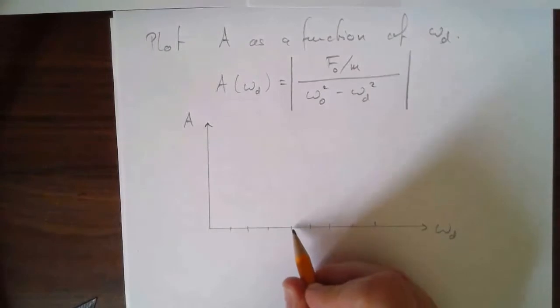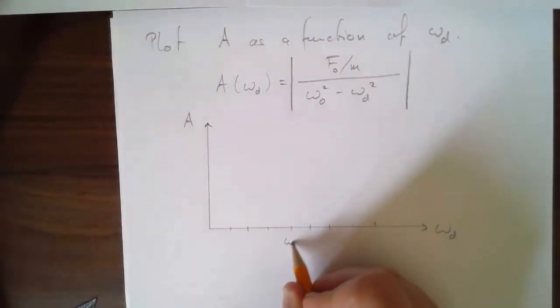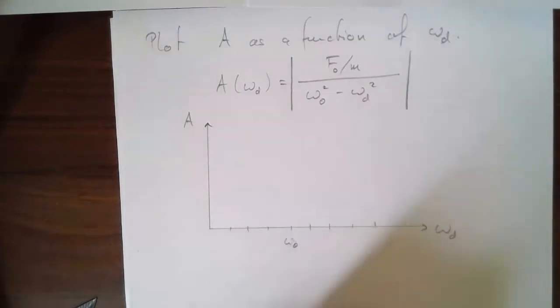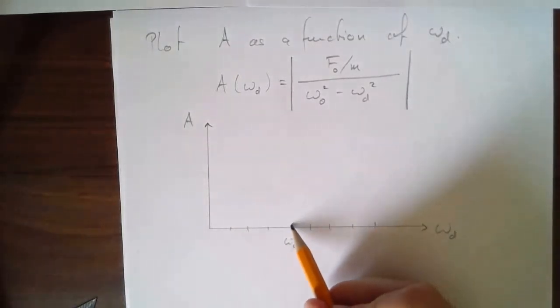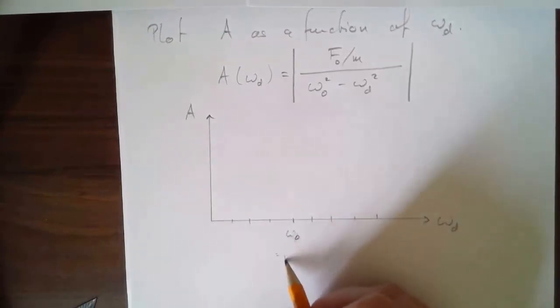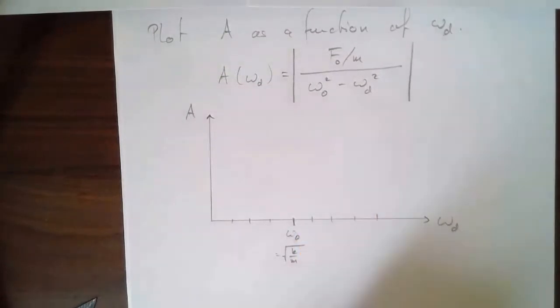Now let's suppose this here is omega naught, or in other words, square root of k over m. I'm going to put this value somewhere on my graph.